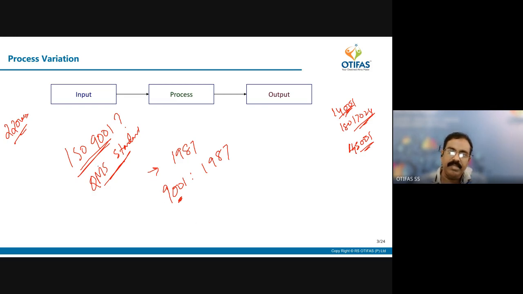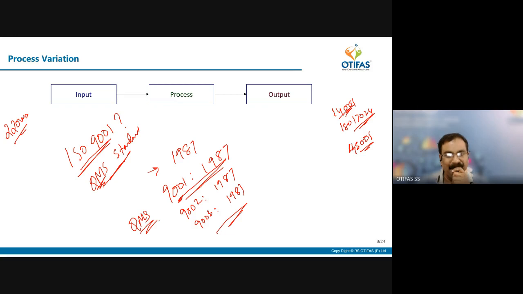Now, the Quality Management System Standard was developed in 1987. Actually, there were three standards: 9001, 9002, 9003. These were three different standards for quality management systems, all there in 1987.